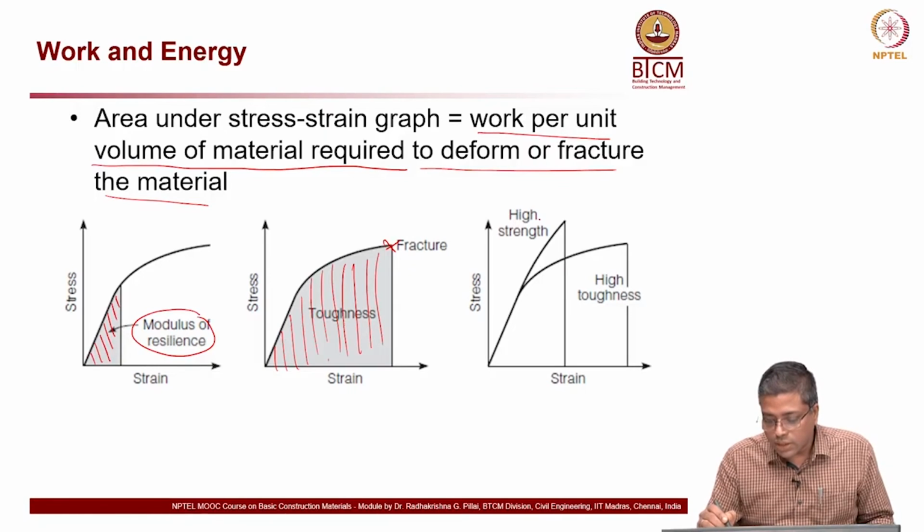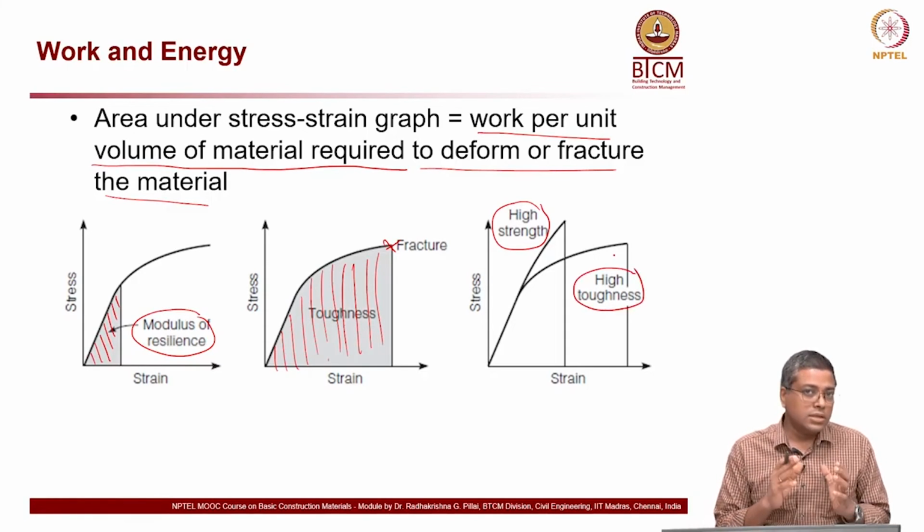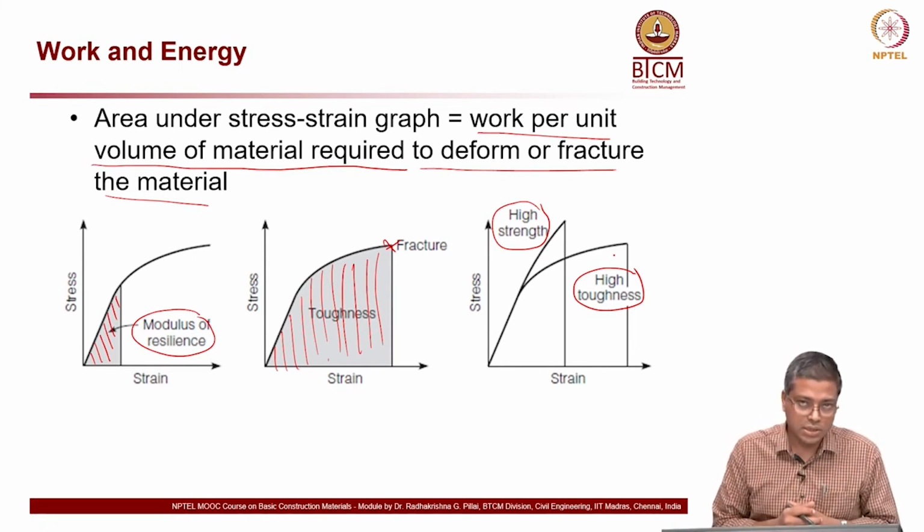Now, there are two concepts to look at while designing the system: strength and toughness, because strength is definitely a widely used parameter for designing anything when we look at collapse condition.